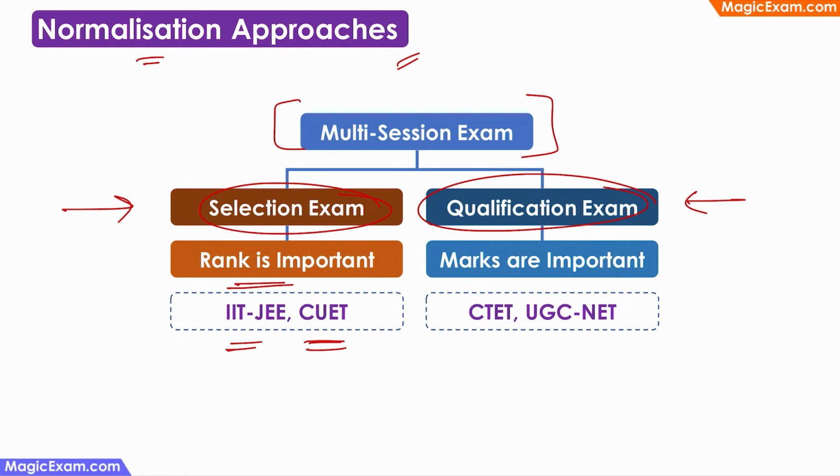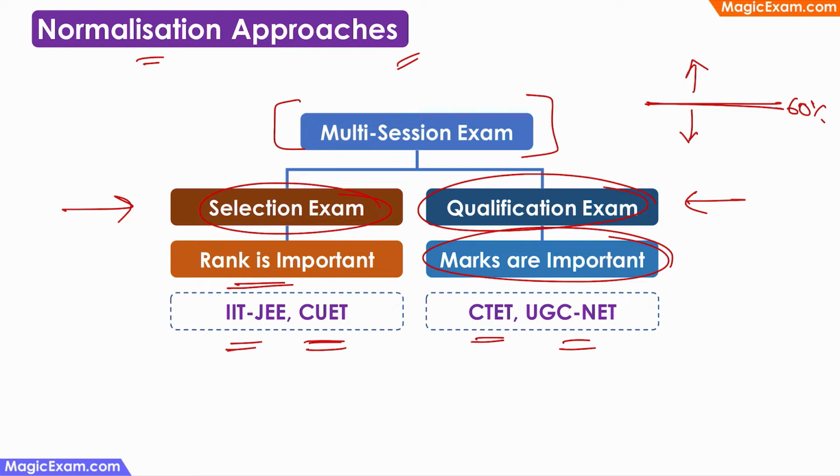In a qualification exam like CTET or UGC NET, marks are important because there is a particular level. For example, it might be 60%. So all candidates below 60% are not qualified. All candidates above 60% are qualified. Therefore, here the objective is not to rank the candidates, but to give them a qualified or not qualified status based on their marks.